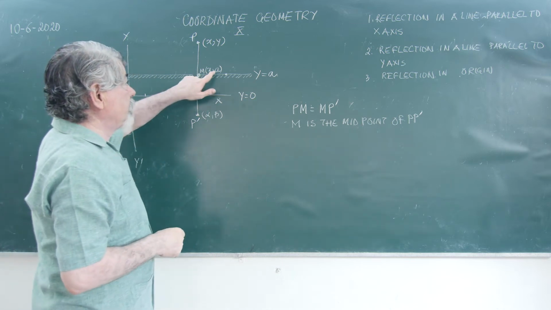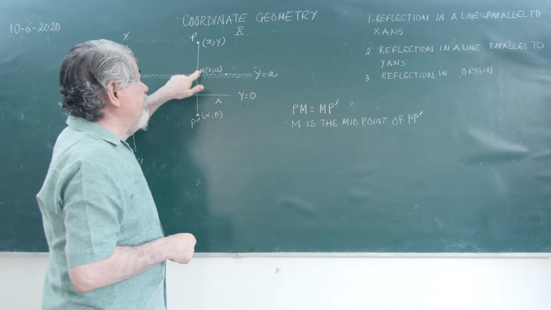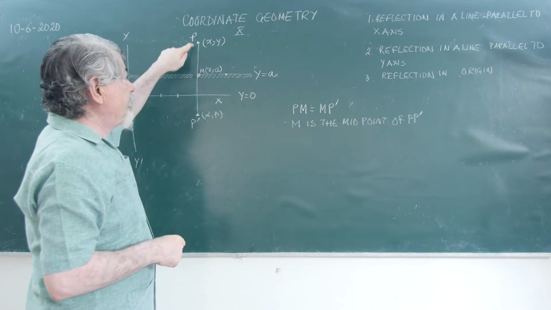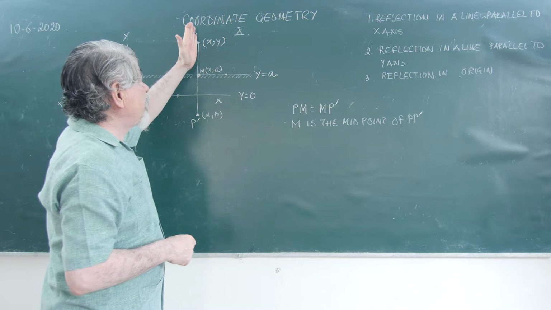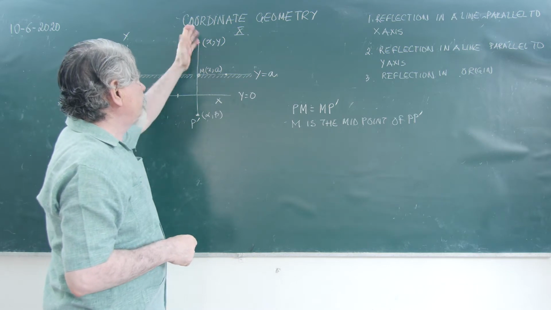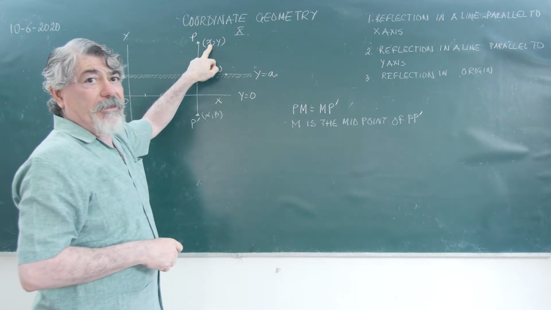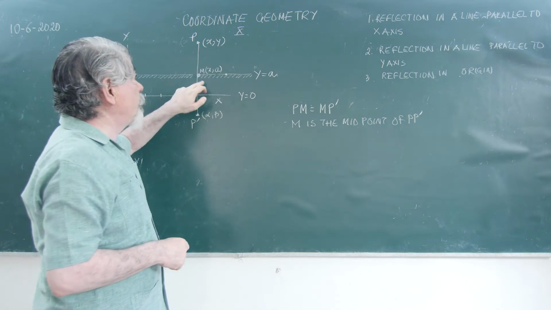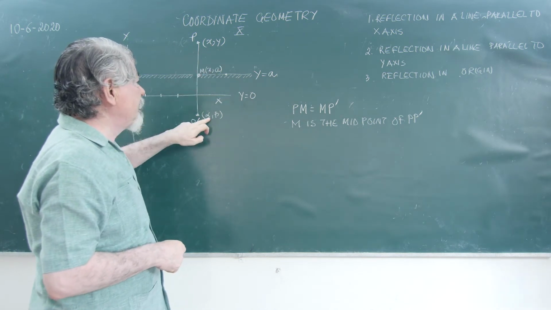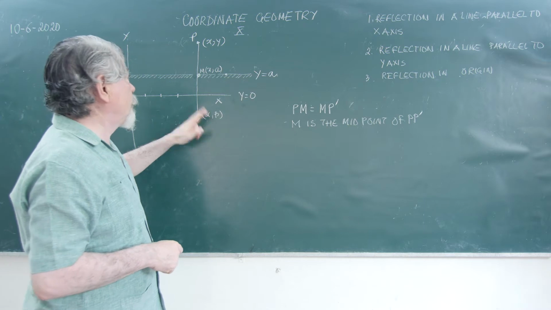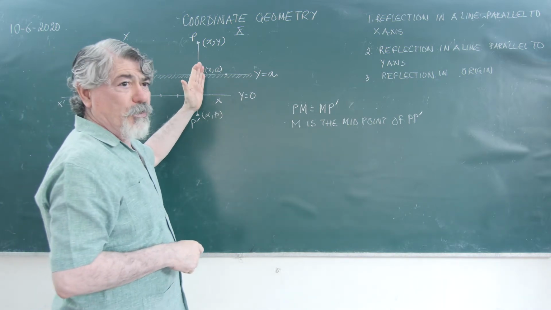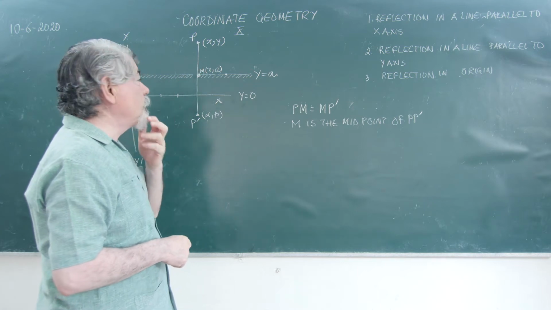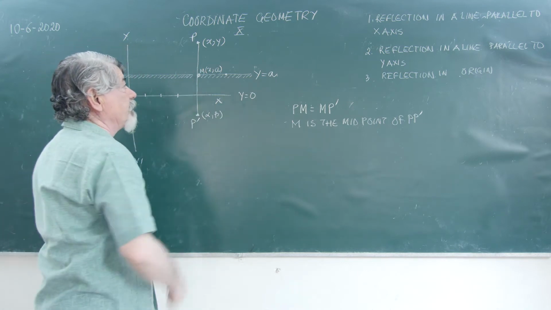So y coordinate of this point M, which is the midpoint of PP', will be a. And we have drawn this line where we are saying x is the first coordinate, so x will always be the first coordinate. Here also it will finally be x only. Actually this line is parallel to y-axis, so the x coordinate will remain the same.